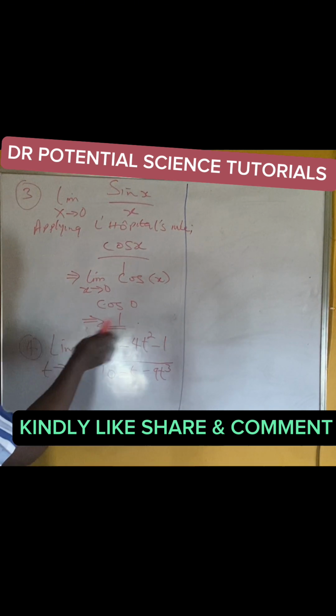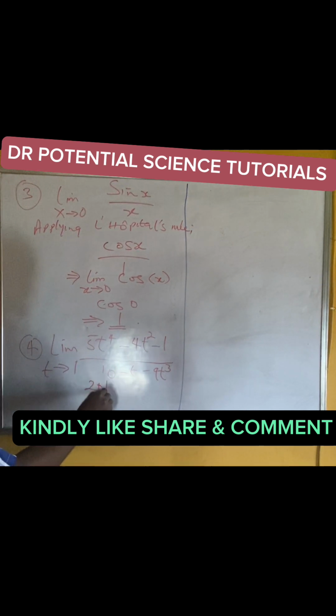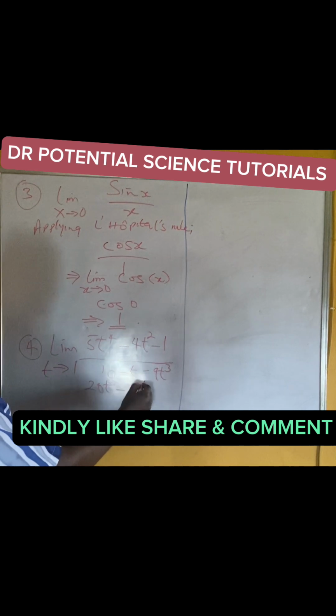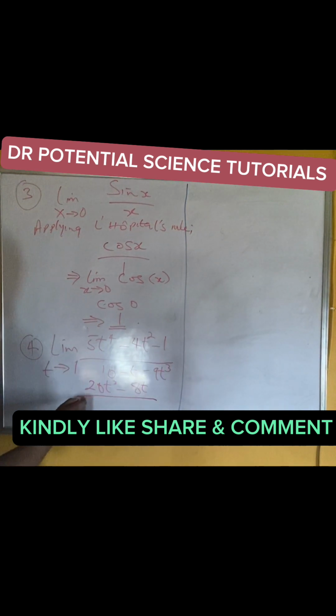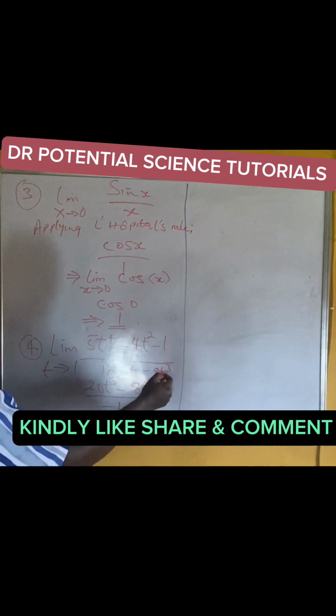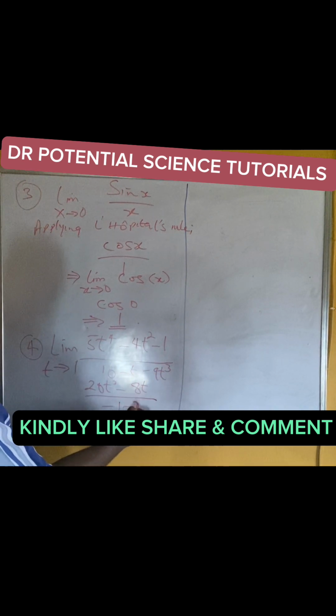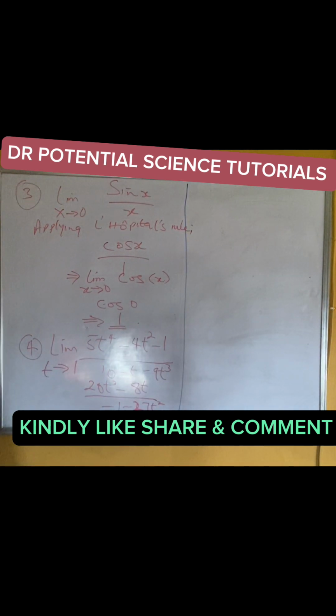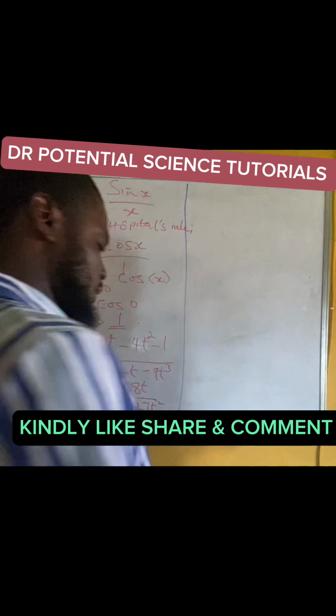Okay. So differentiate the numerator. We have 20t raised to the power 3 minus 2 times 4, 8t. Minus 1 is a constant, it goes out. Then minus 1 minus 3 times 9, that's 27t squared. All right. So if you find the limit of this as t tends to 1, anywhere you see t you put 1.